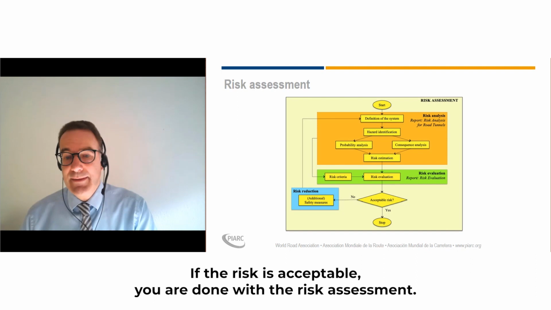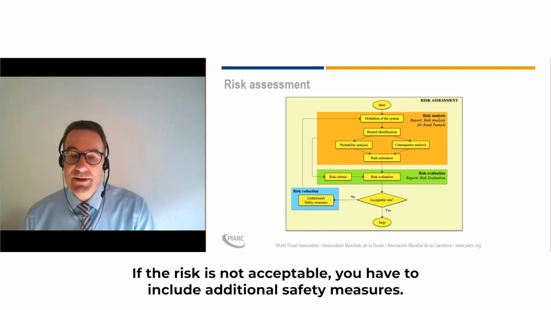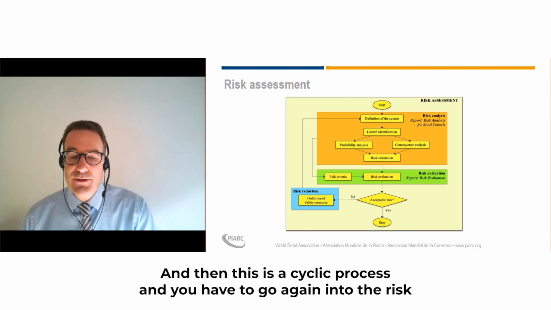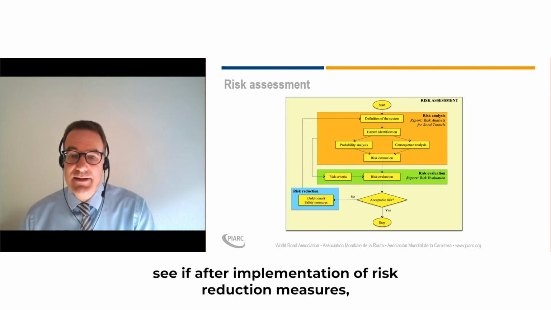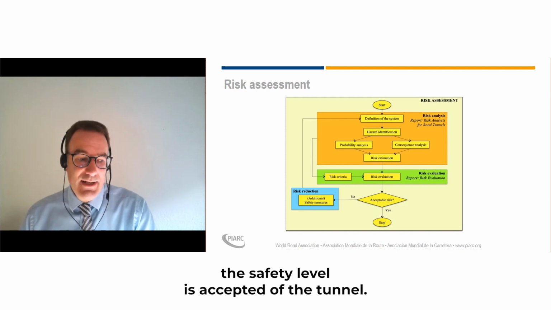If the risk is acceptable, you are done with your risk assessment. If the risk is not acceptable, you have to include additional safety measures, and then this is a cyclic process, and you have to go again into the risk analysis and see if after implementation of risk reduction measures, the safety level of the tunnel is acceptable.